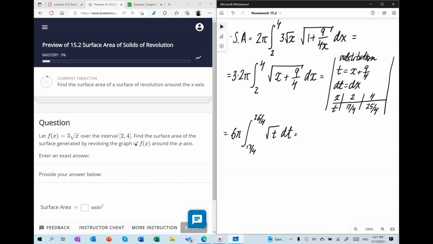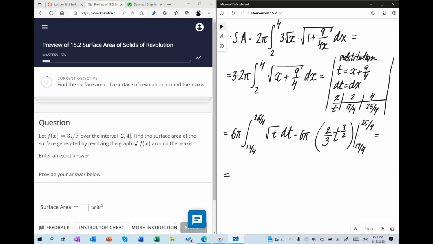So that integral is pretty easy. It's just a power rule. So we have t to the power 3/2 divided by 3/2, so it's 2/3 t to the power 3/2. But this will be evaluated at these values of t.